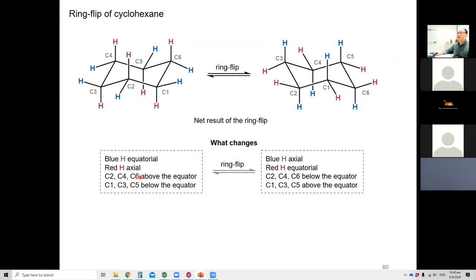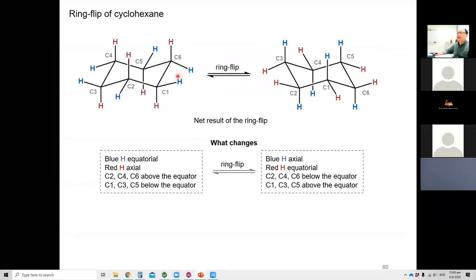And C2, C4, C6 are above the plane. After you flip the ring, C2, C4, C6 are now below the plane. And 1, 3, 5 are the same: at the beginning they are below the plane, but after the ring flip, 1, 3, 5 are above the plane.